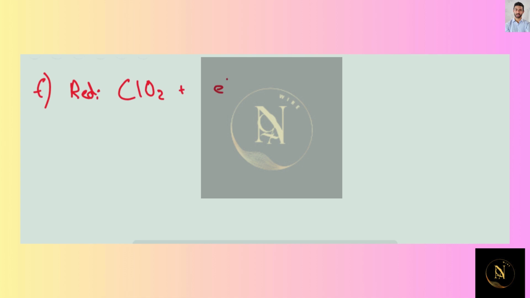So our reduction reaction pretty apparently will involve this ClO2 going to ClO2 minus, since it's the same molecule, simply with an addition of a negative charge. So we can see the electron being added. So we have ClO2 plus electrons will produce ClO2 minus, and that is the reaction finished, since there's no additional atoms.